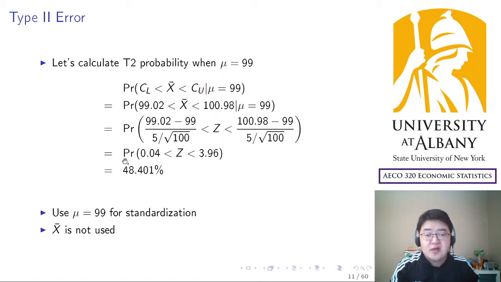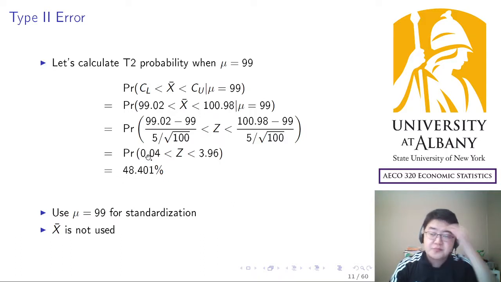We learned how to calculate probability between 2 points for a standard normal distribution. So go back to chapter 6 if you cannot remember. Simply speaking, you have to find the cumulative probability at 3.96 and then find the cumulative probability at 0.04, then take their difference. The difference in their cumulative probabilities equals 48%.